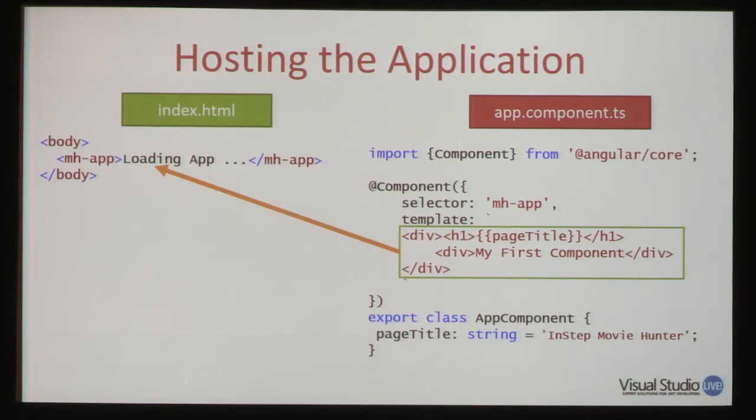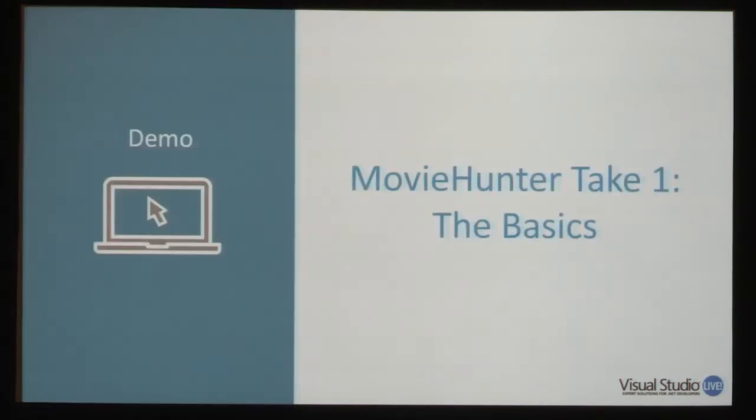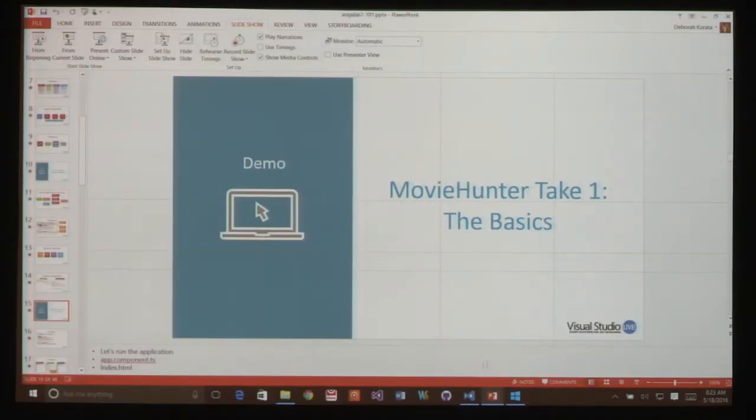So it'll replace the loading app with "in-step movie hunter," because that's the data binding for the page title, and "my first component." Okay, do we see how that's kind of connecting together? All right. So let's look at this first, simple first step. Movie hunter, take one. All right.